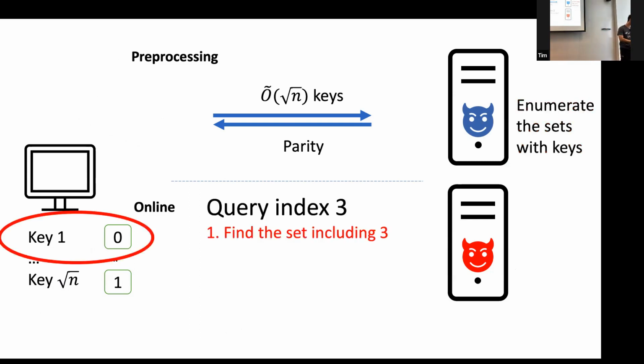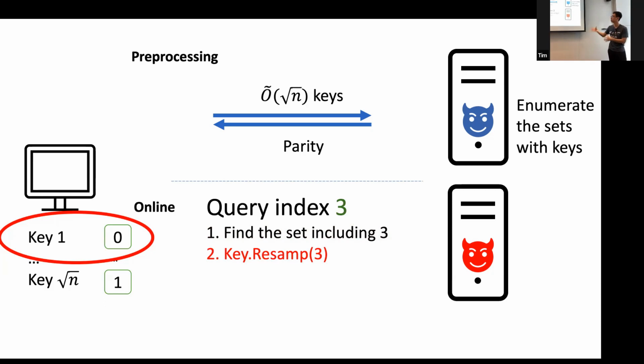Now when the client needs to make a query, like query index 3, it needs to find a set including 3, but now it cannot simply do that directly. It needs to do the membership testing with respect to the key instead of the whole set, okay? And then remember, we need to do the resampling to ensure our privacy.